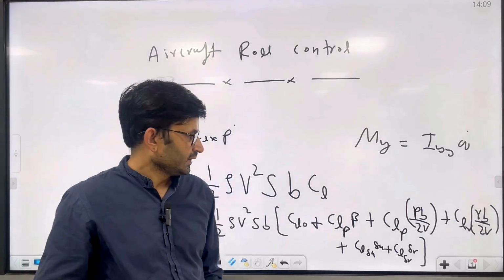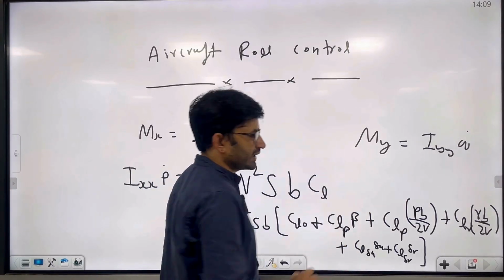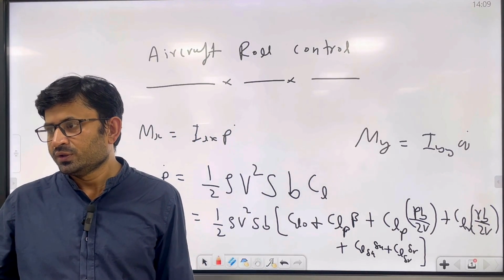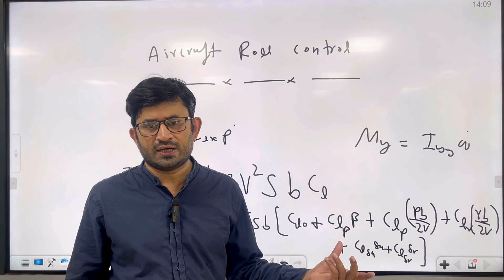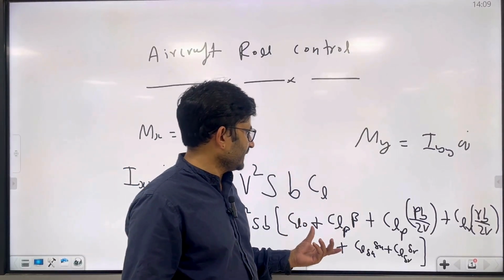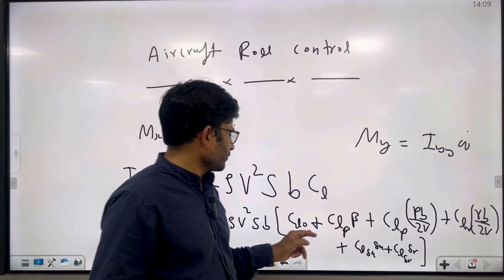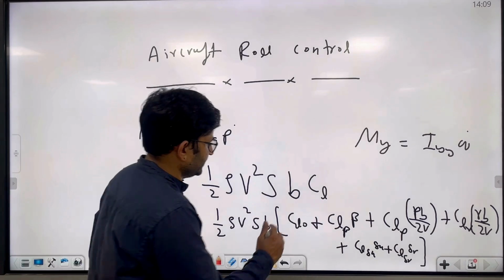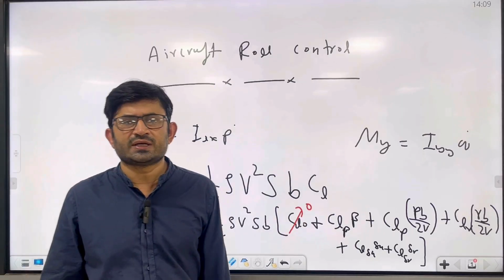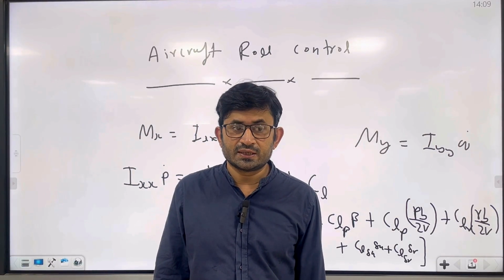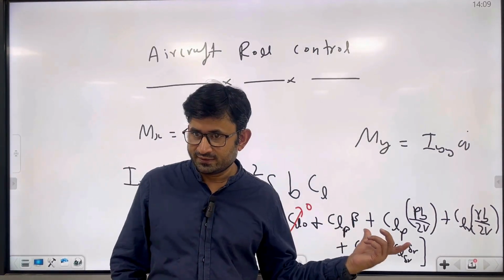What you are going to neglect in the control design process: you are considering pure rolling motion. Cl naught will not come into the picture, because it would only be nonzero in cases like a manufacturing defect in a UAV, where you get a roll moment unnecessarily.